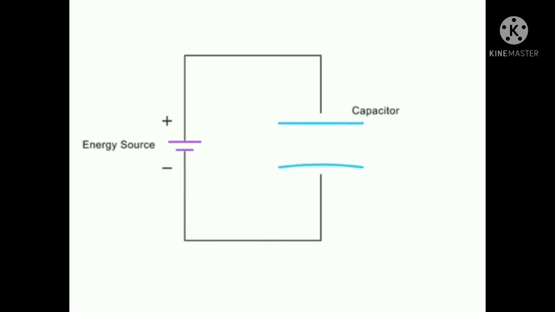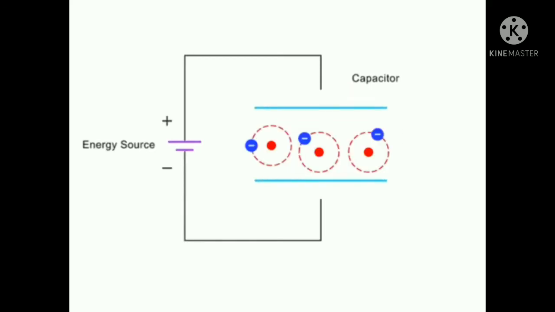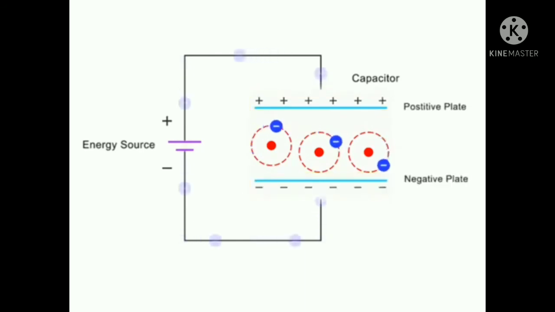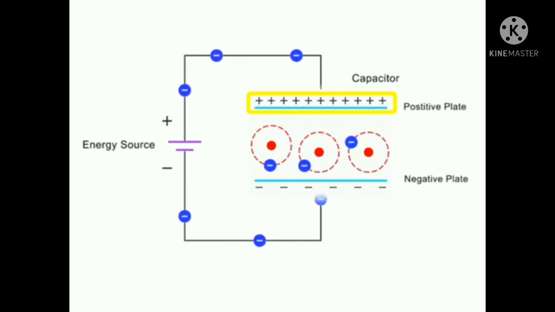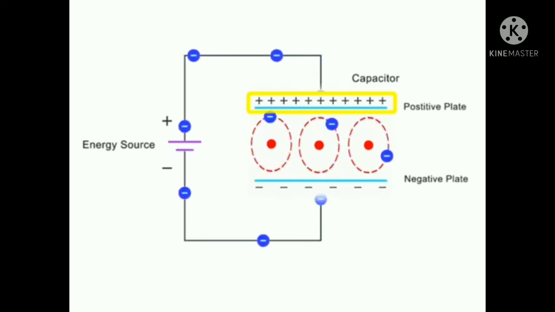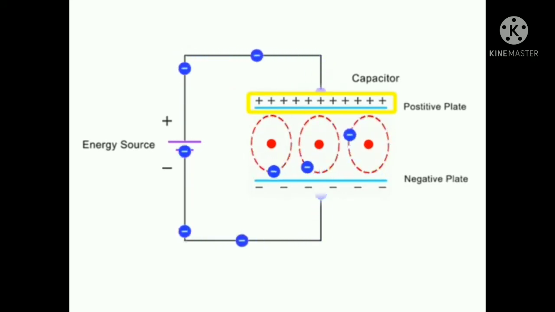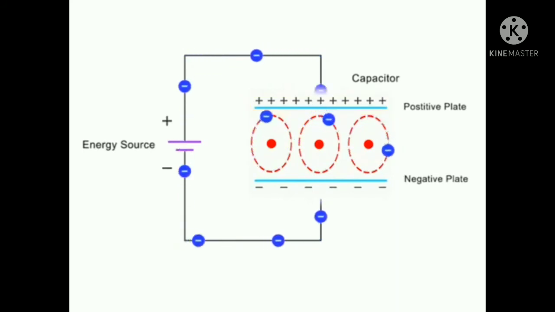Capacitors work to store energy by stretching the orbits of electrons in a dielectric compound between a positively charged plate and a negatively charged plate. As charge accumulates on the positive plate, the electrons of the dielectric material gravitate toward the positive plate, distorting their orbits.